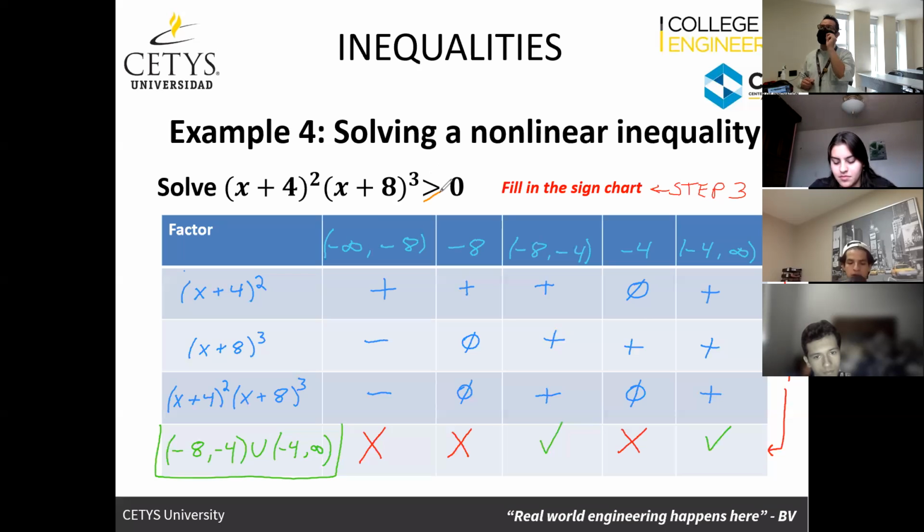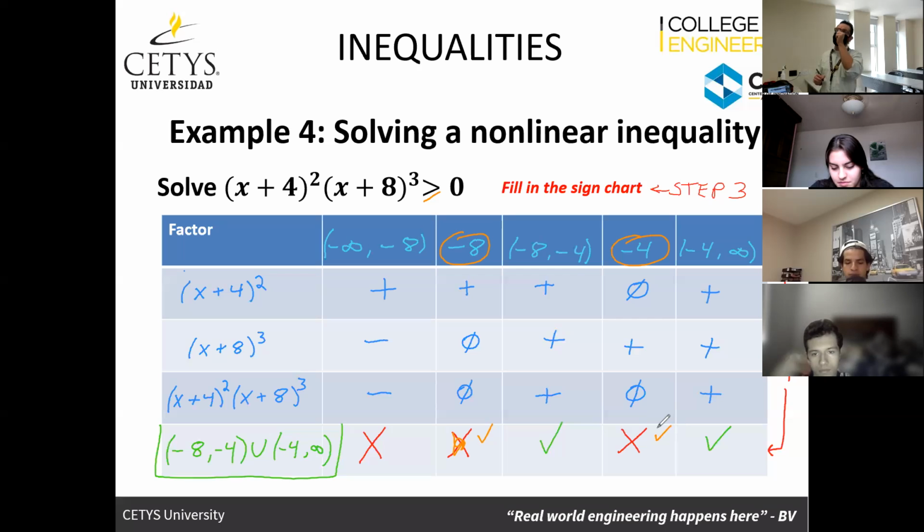If that would have been the case, then the -8 and the -4 would have been included. Why? Because it includes the values that make the inequality 0.